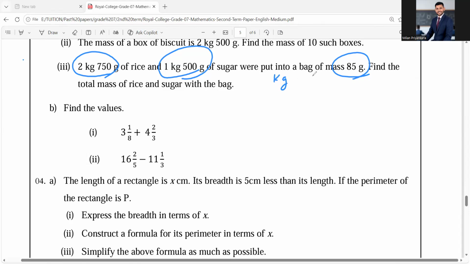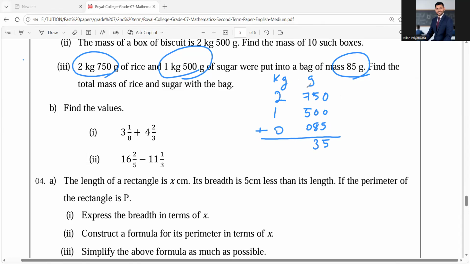Let's go with kilograms and grams: 2, 750, 1, 500, and 0, 85. Now we are going to add all these. 0 plus 0 plus 0, 0 plus 5 is 5. 5 plus 0 plus 8, 5 plus 8 is 13.